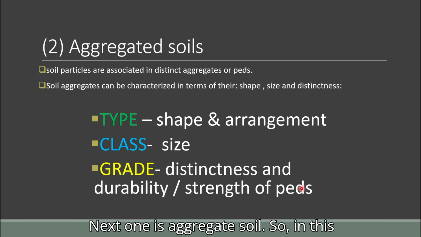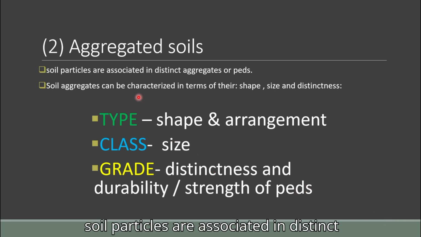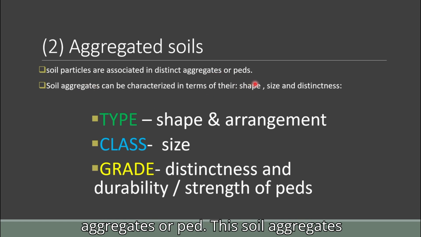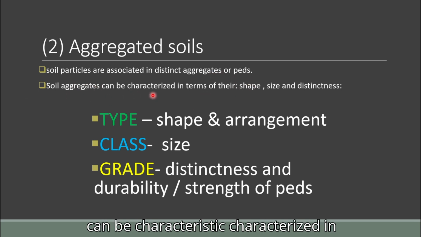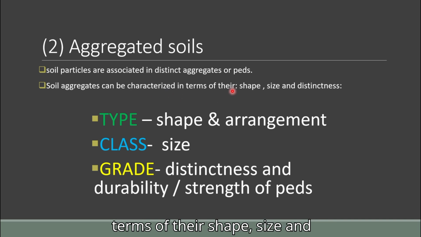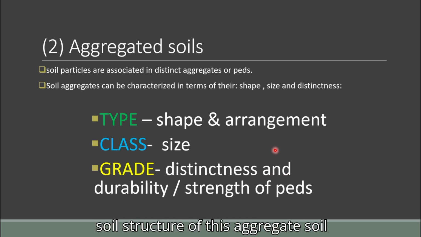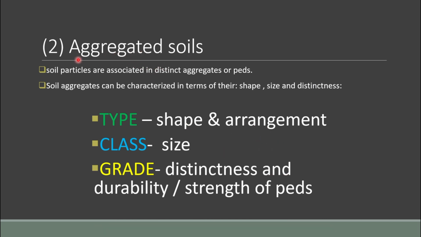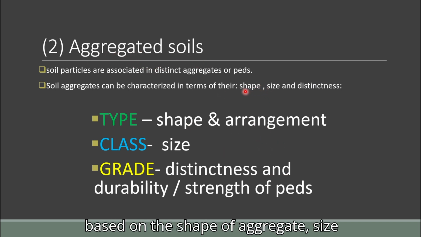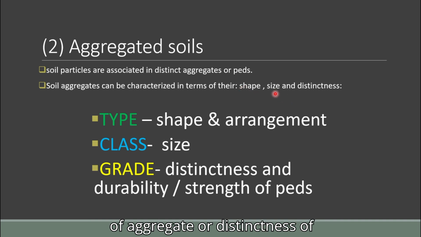Next one is aggregate soil. In this, soil particles are associated in distinct aggregates or bed. These soil aggregates can be characterized in terms of their shape, size, and distinctness. So we can describe the soil structure of this aggregate soil based on the shape of aggregate, size of aggregate, or distinctness of aggregate.